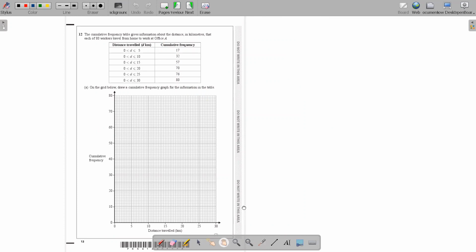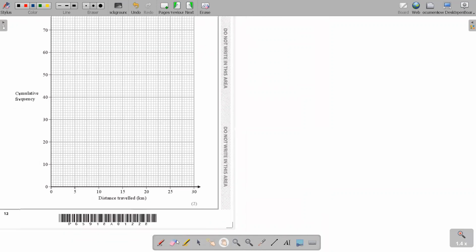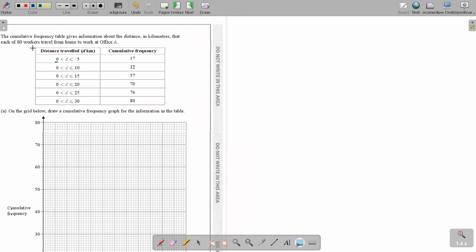So I'm sure that you all may know the basics of drawing this graph. So let me draw. So starting value at 0 kilometers, you mark 0. Okay, so let me bring this table over here because when I move, I'm not seeing it.